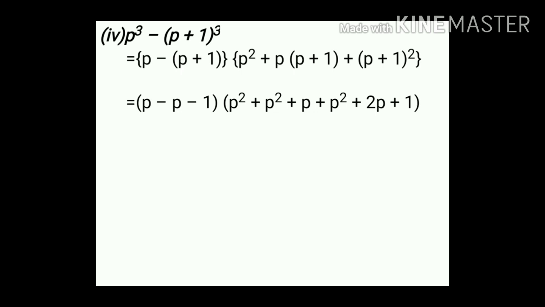Now do the cancellation, which you can eliminate. Equal to minus 1 open bracket 3p square plus 3p plus 1. Now we have to multiply by 1, children. Minus 3p square minus 3p minus 1.